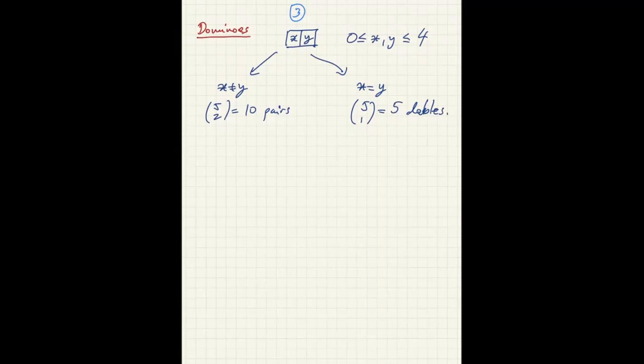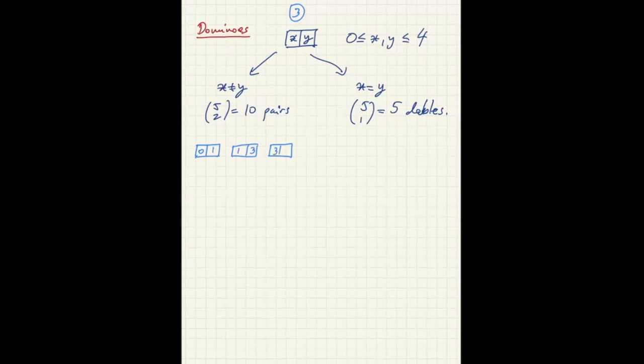So let me give you an example of such an arrangement. So again, 0 stands for blank, so you could do 0, 1, and then you can do 1, 3. So you see here the 1 and the 1 are the same.